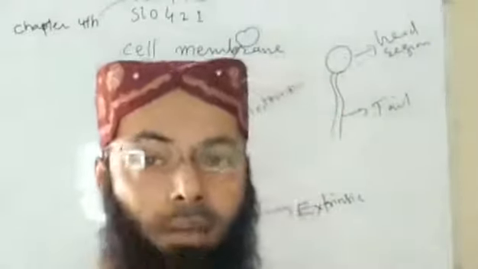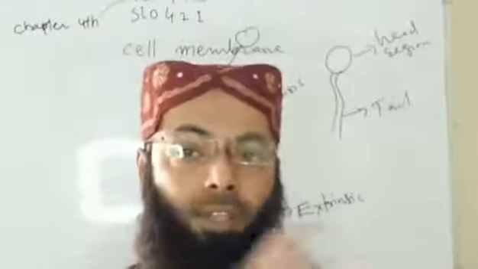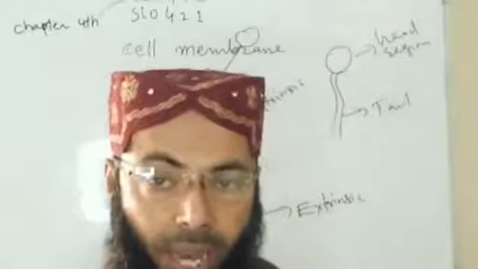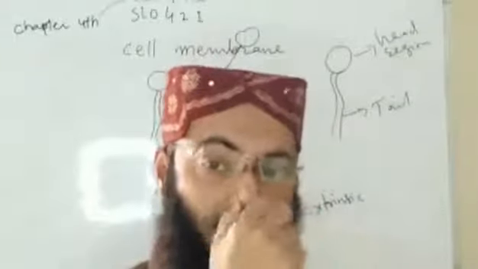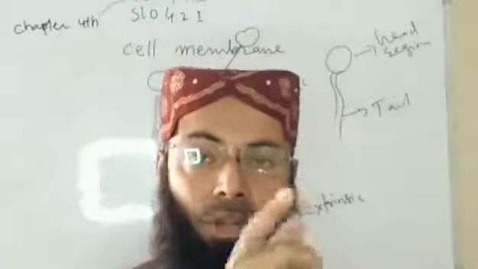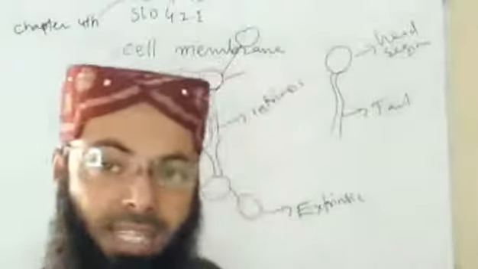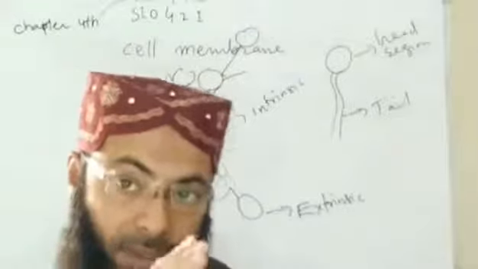These ions cannot cross the cell membrane. Only water crosses. When water flows from its higher concentration to the lower concentration across the semi-permeable membrane, it is known as osmosis. In osmosis, only water crosses and ions cannot cross.